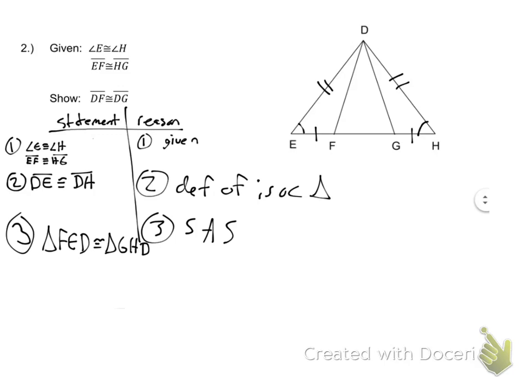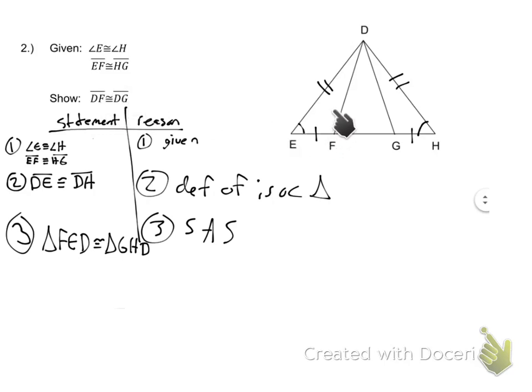Remember to keep your order the same. What do we want to show again? What's the whole point of this proof? To show that angle E equals angle H and... No, actually it's not the angles at all. It's actually just the line segments.